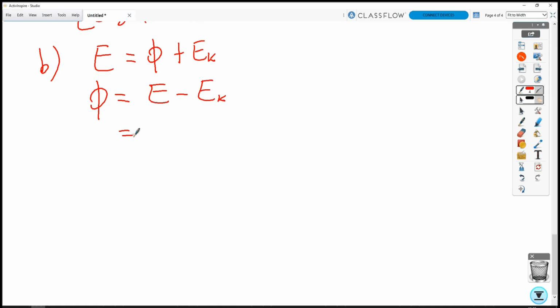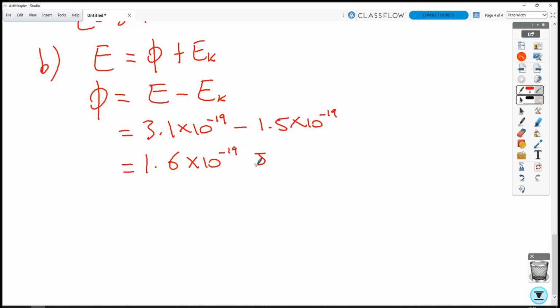And then we put our values in. So we got 3.1 times 10 to the power of minus 19 minus 1.5 times 10 to the power of minus 19. That gives us 1.6 times 10 to the power of minus 19 joules. That's our work function.